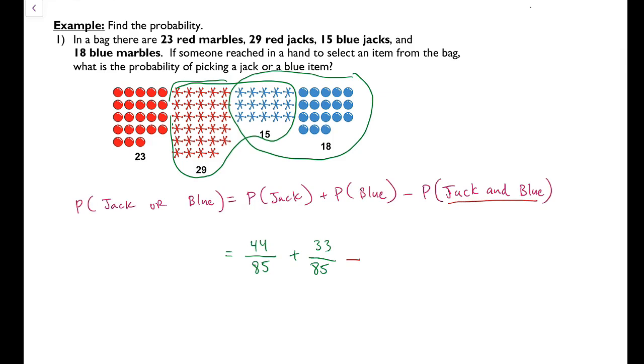So the probability of getting a blue and a jack, well, there are 15 blue jacks out of 85 total items. So let's work this out. This is applying the addition rule. So if we work this out, we're going to get 62 over 85. 62 divided by 85 would give us approximately, if we round this to 4 decimal places, 0.7294.